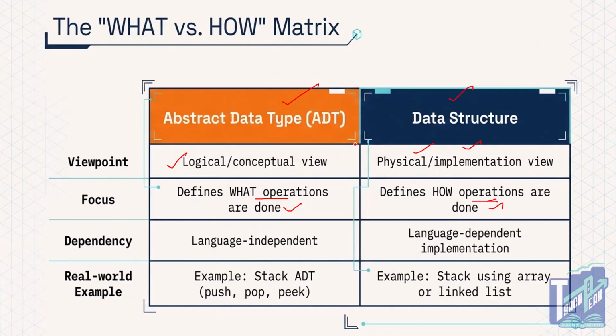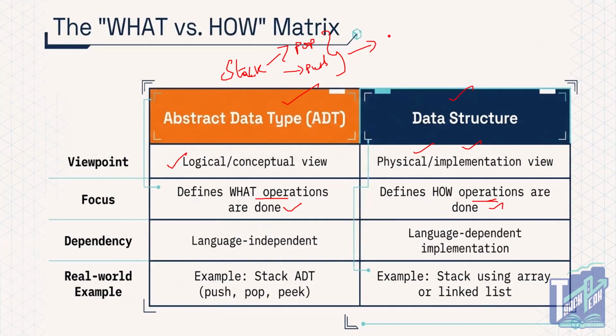For example, let us consider an example called stack. Stack is one of the abstract data types. It is a logical model. In this stack, we can perform operations like pop and push. But this ADT doesn't care about the implementation detail, how these operations are going to be carried out.